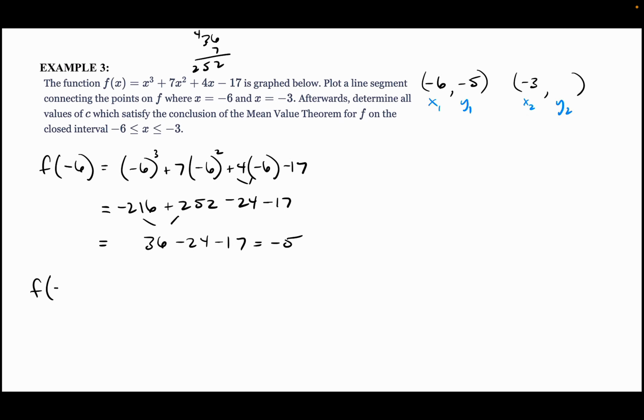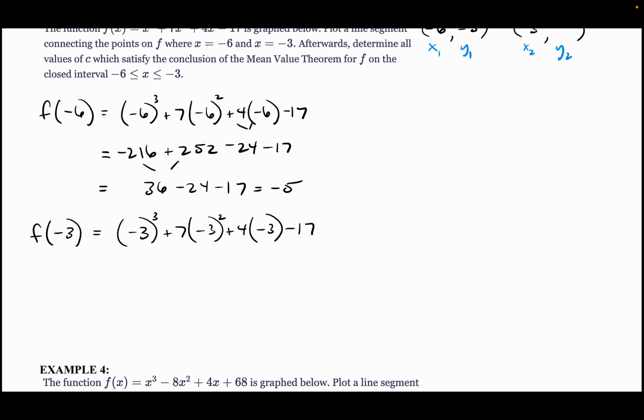Okay, now the same thing for -3. All right, negative 27 plus 63 minus 12 minus 17.